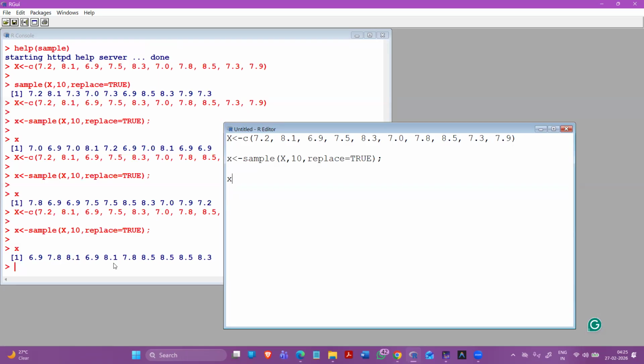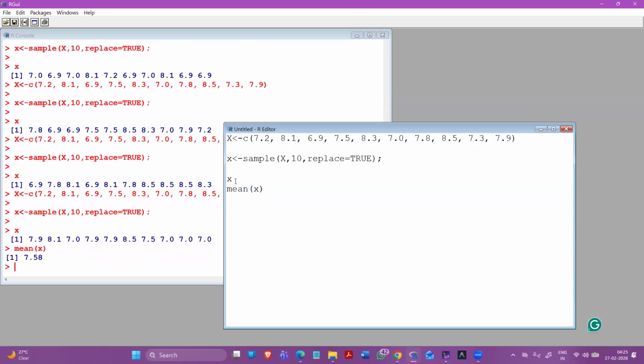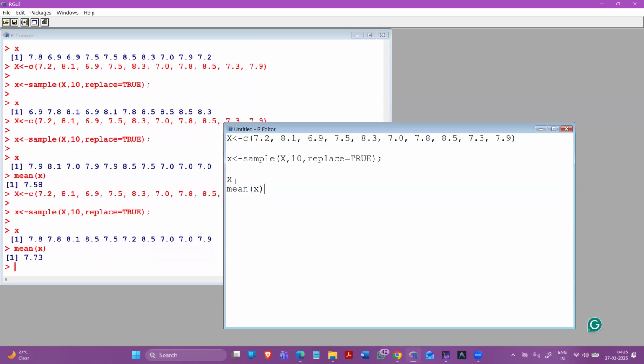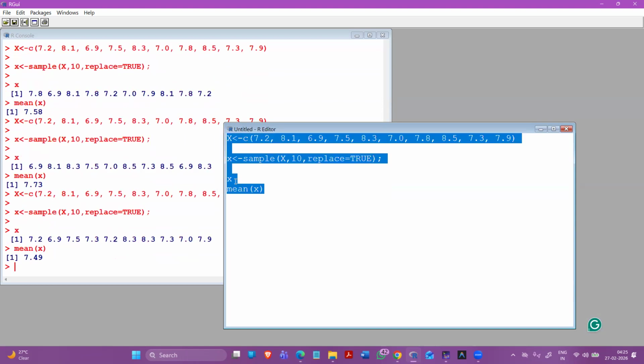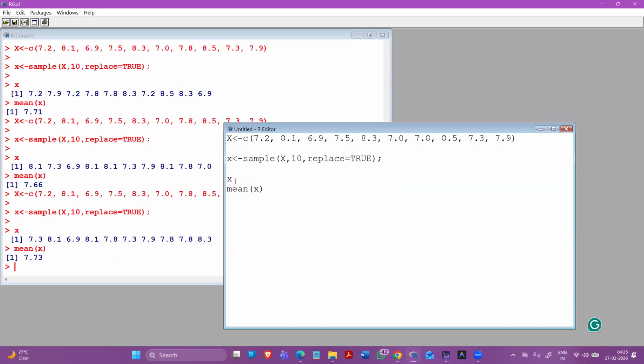So what I am going to do is repeat this 10,000 times. I am going to compute the mean of X each time: 7.8, 7.73, 7.81, 7.68, 7.58, 7.73, 7.49, 7.71, 7.66, 7.73.